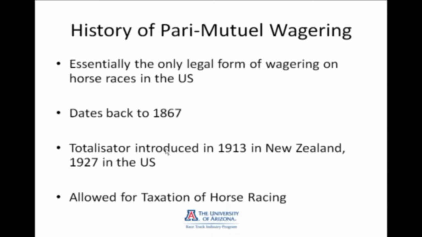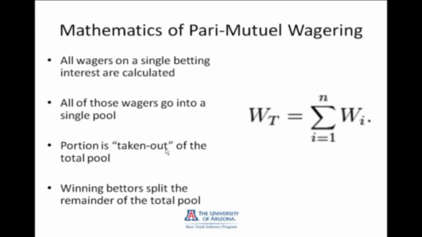The totalizator board, the tote board, is essentially the same board that you see today. It's definitely changed technologically, but the basis of it is still the same. This is the system that allows the massive numbers of wagers to be calculated and pooled together, and the most important thing that allows the legalization of horse racing is that they can tax this because it can be easily calculated.